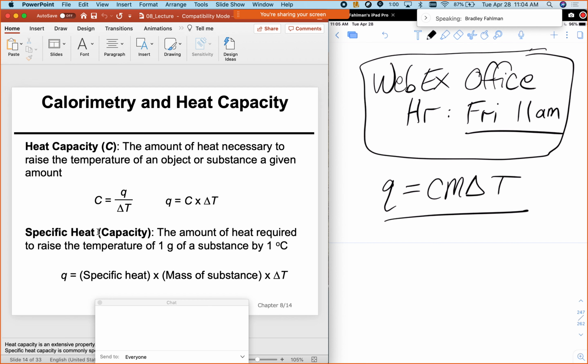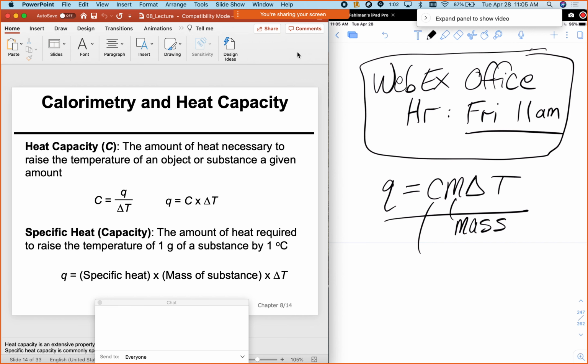And so there are two versions of specific heat capacity. There's specific heat, and then there's the molar heat capacity. This is the variety if you have a mass, and this value will be in a certain unit where you're given grams in it.